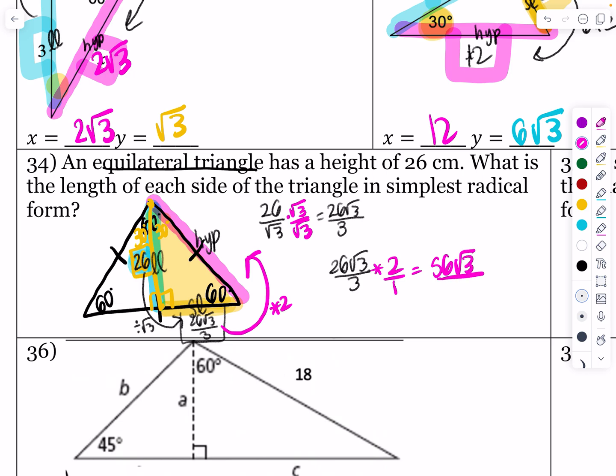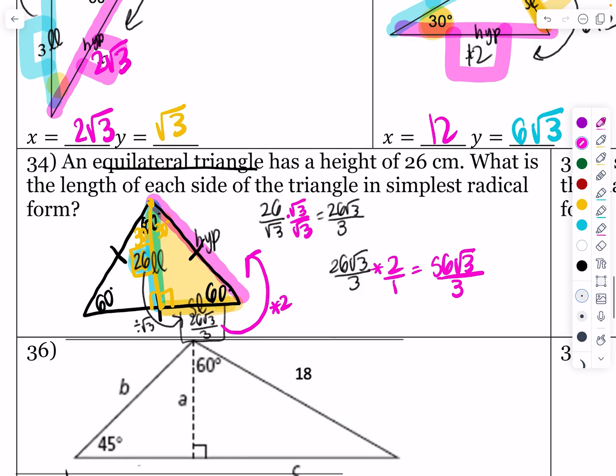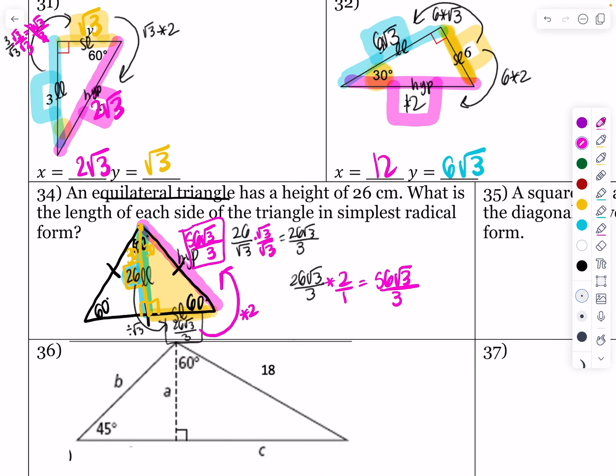That's 56 root 3 over 1, or over 3 times 1. So that does not simplify. 56 over 3 does not simplify. So my final answer for my side length, also known as my hypotenuse, is going to be 56 root 3 over 3. 56 root 3 over 3. So not very pretty. But that is using all of the radical rules we have so far.